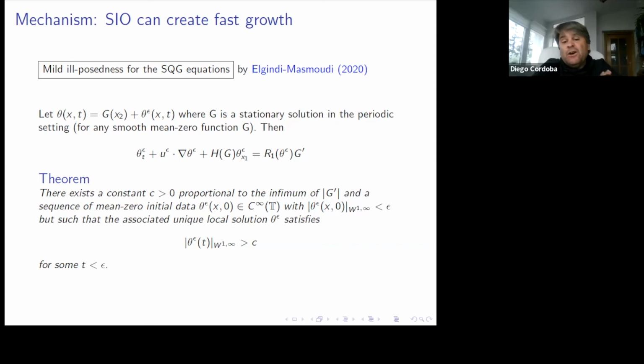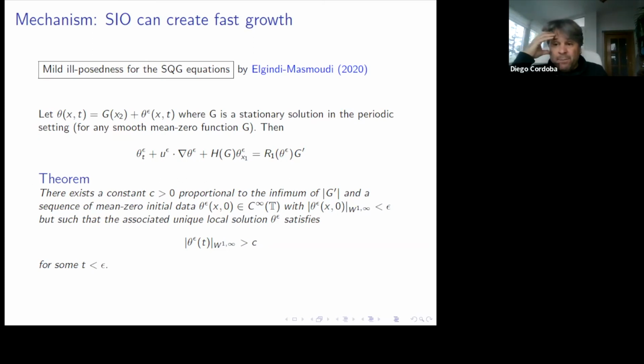If you look at the evolution equation of this perturbation, it satisfies this equation, where you can see that the linear term on the right-hand side, because G is given, has a Riesz transform. R1 is the Riesz transform. And that's a singular integral operator, so that is leading to a strong ill-posedness result.